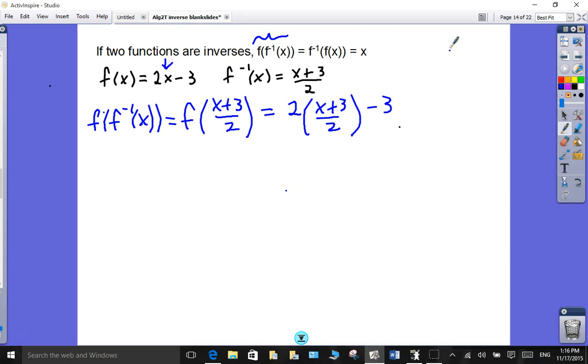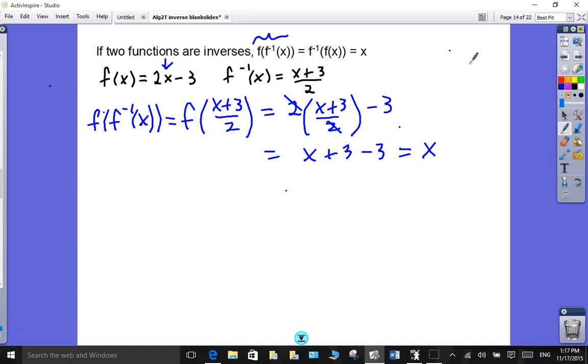Now, do you see the 2's are going to cancel? So that we just get x plus 3 minus 3. And now the 3's cancel, so we have x. That's the first hoped for result, right? But it's not done, but that's what we needed to happen.